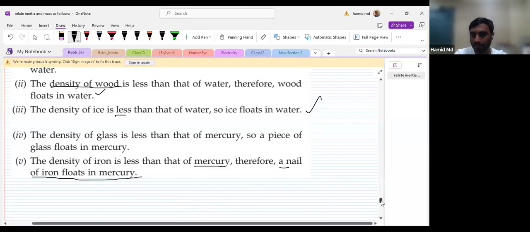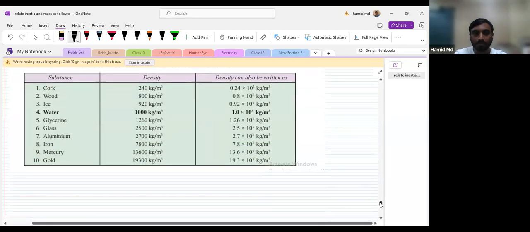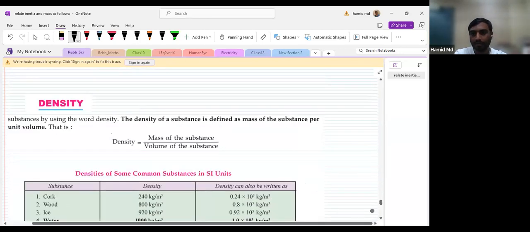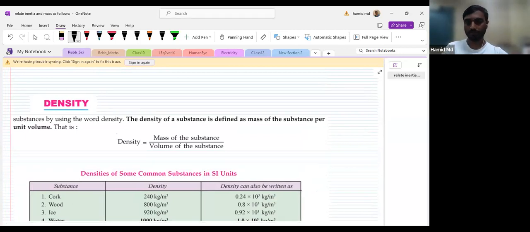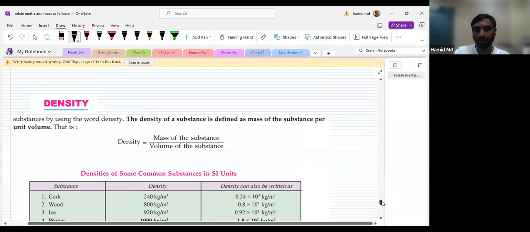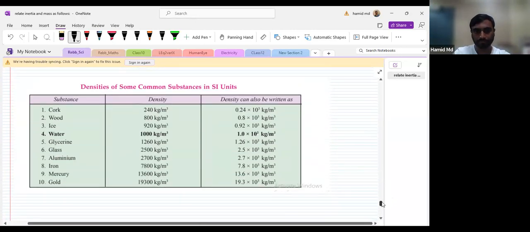Now we have a listing of some densities. We already studied density in the last class. So we see that we have the reference point for water, and we see that wood and ice have less density.